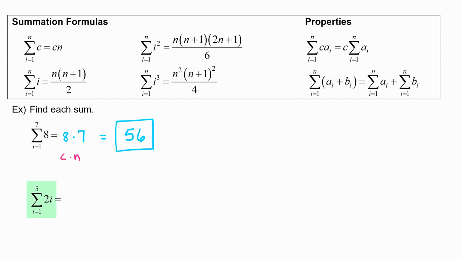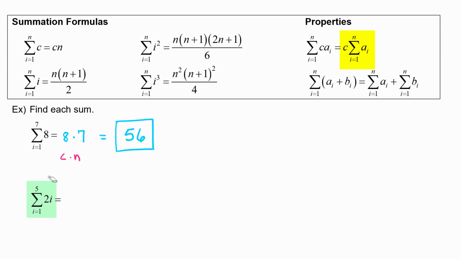Next up, we have the summation i equals 1 to 5 of 2 times i. Now, there's a property here that tells us if we have a constant multiplying each of the terms in the summation, we are allowed to bring that constant out in front of the summation and then just do the summation over the terms, a sub i.